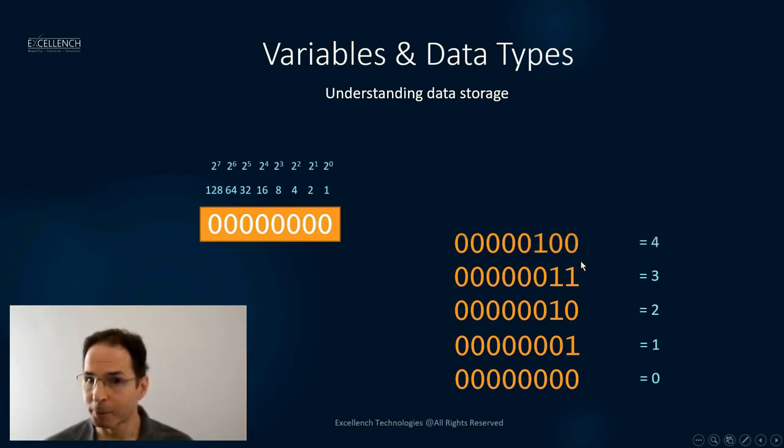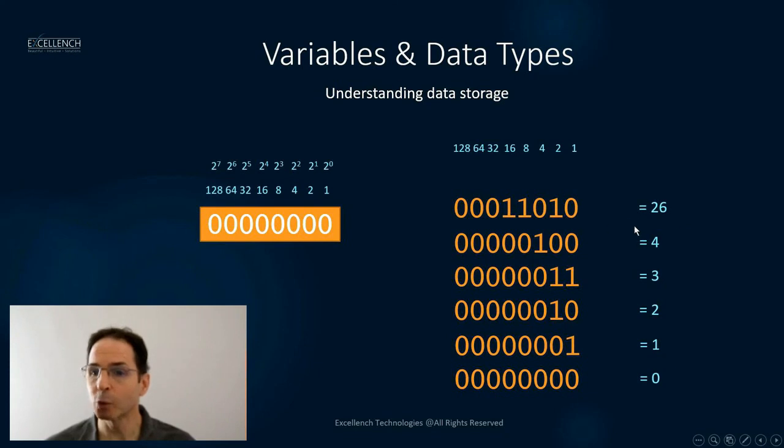The number 4 will be represented by just turning on the third bit, because the third bit represents the number 4. Using the same logic, how do we represent the number 26? We turn on the bit that is represented by 16, then we turn on the bit that is represented by the number 8. 16 plus 8 gives us 24.